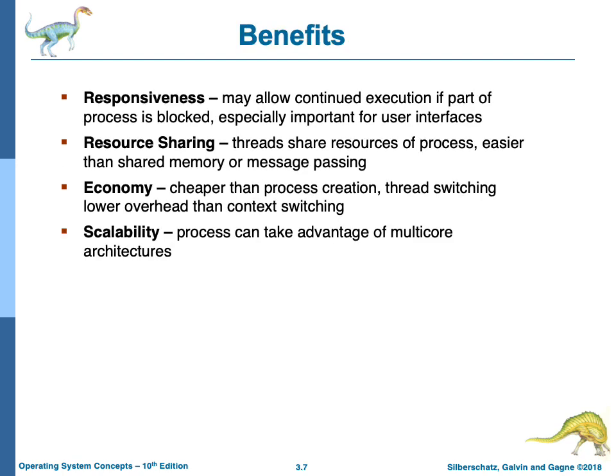So the benefits of multi-threaded programming can be divided into four major types or four major categories. The first is responsiveness. So, for instance, consider what happens when a user clicks a button and that results in the performance of a very time-consuming operation.